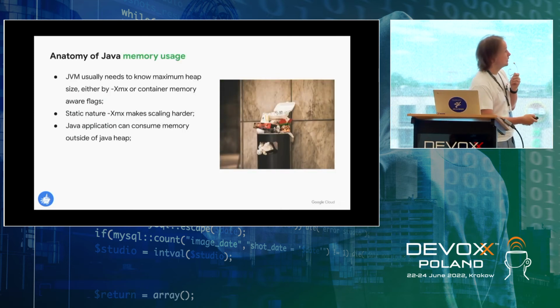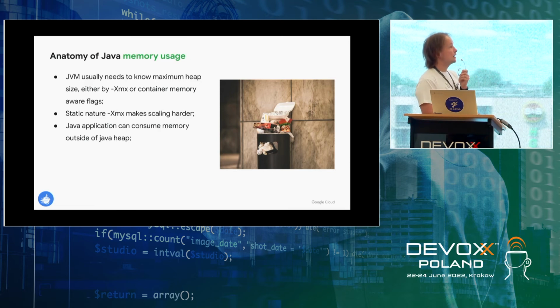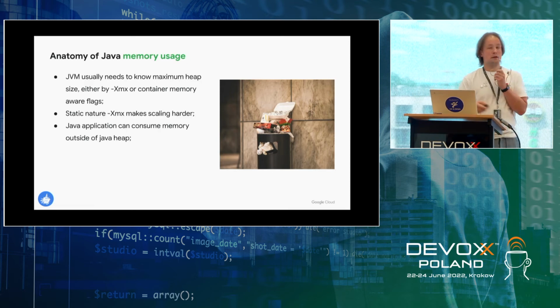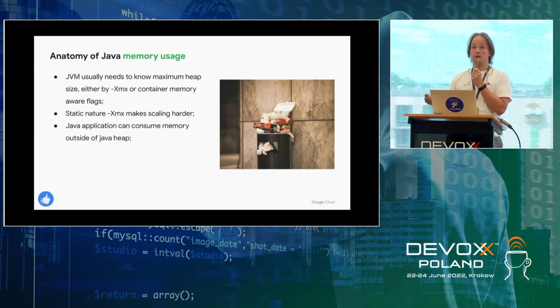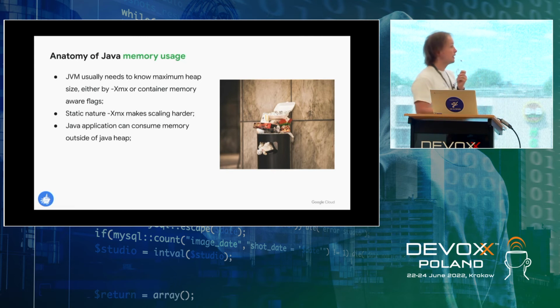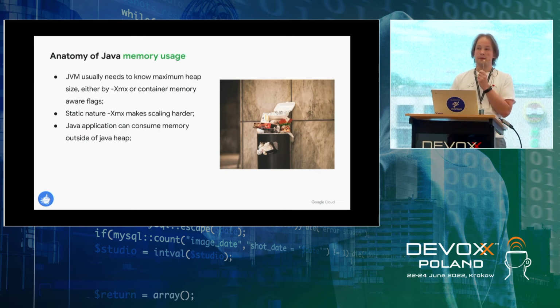Last problem is that Java needs to know the maximal heap size, and this is generally a static parameter, which makes scaling harder. And on top of that, not all Java memory usage is in the Java heap. So sizing the container requires sizing heap and non-heap usage separately because they are not interchangeable.